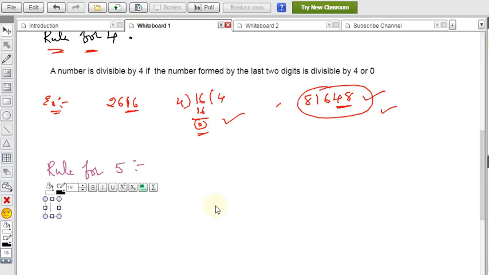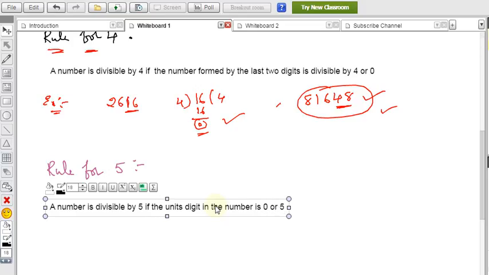units digit. A number is divisible by 5 if the units digit in the number is 0 or 5.